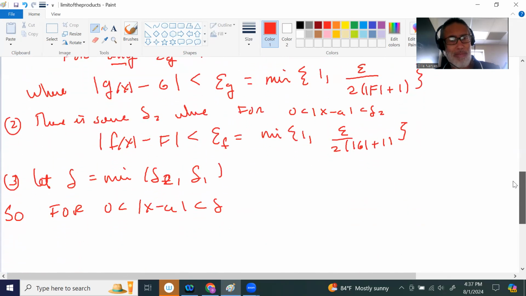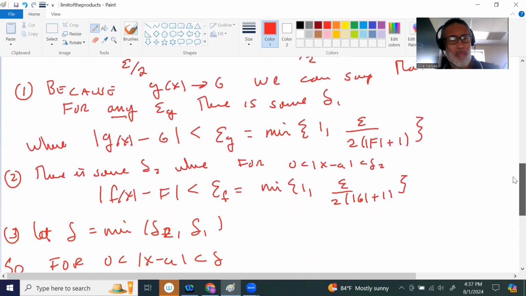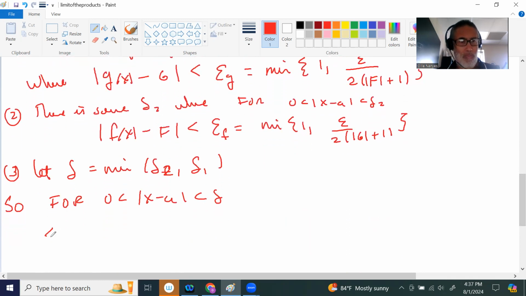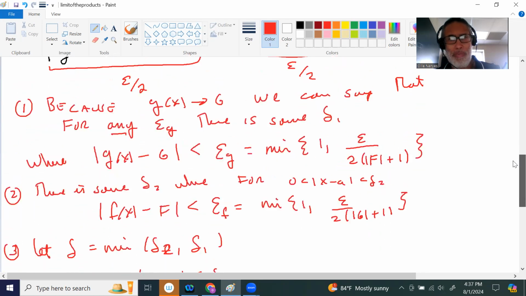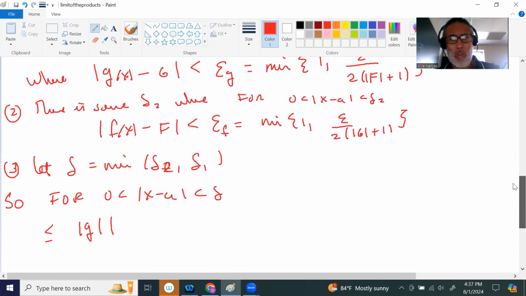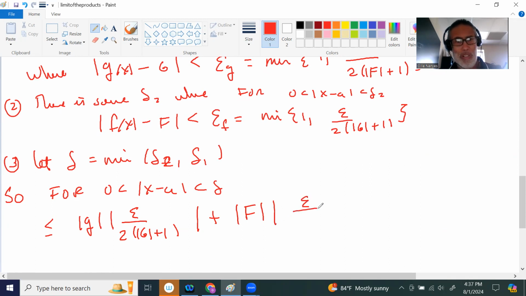Then we know that we have this absolute value G. This part right here, this f of x minus big F. Well, then we're going to write this as epsilon over 2 times big G plus 1 plus absolute F. Then that's going to be your epsilon over 2.